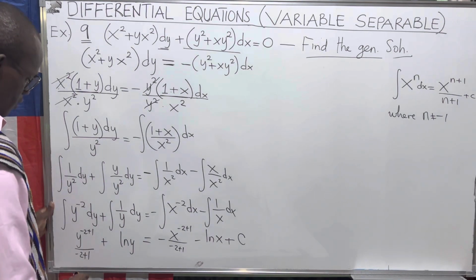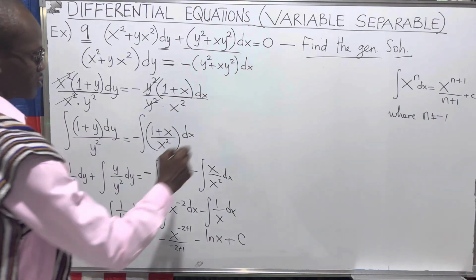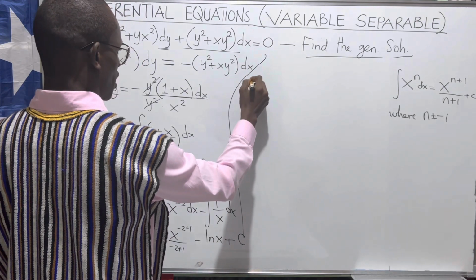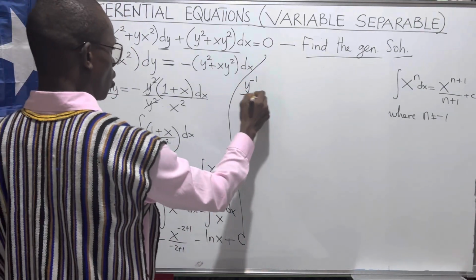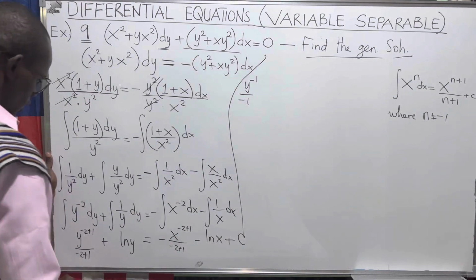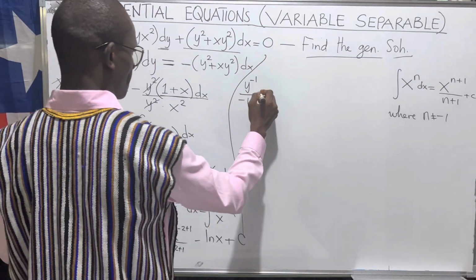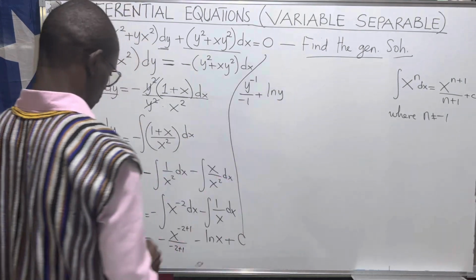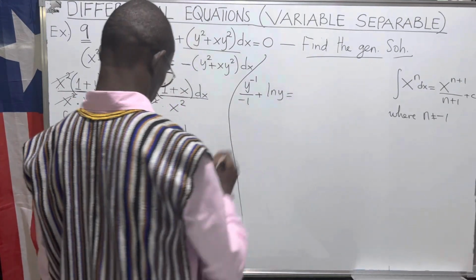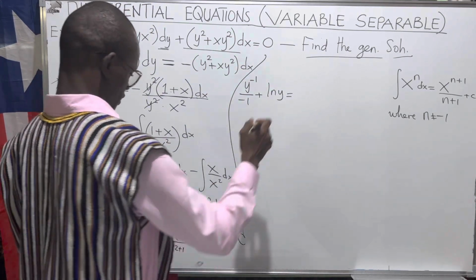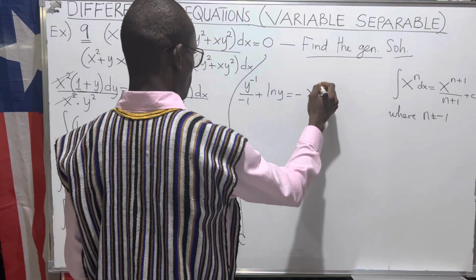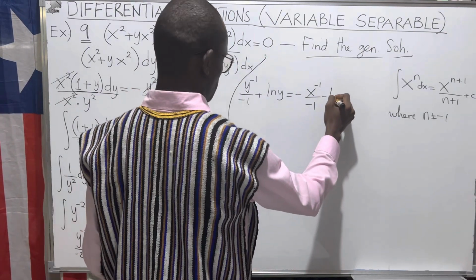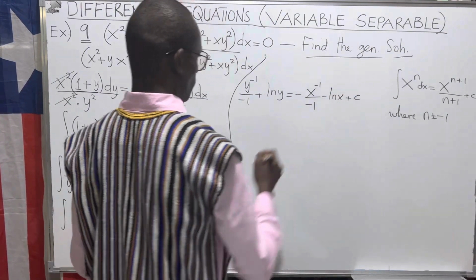Now we have y raised to the power minus 1 all over minus 1, and then plus ln of y equals, now this is minus x raised to the power minus 1 all over minus 1 minus the ln of x plus c.